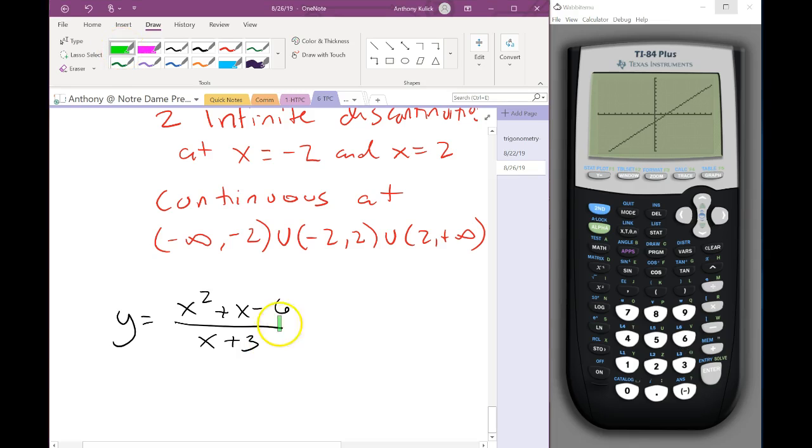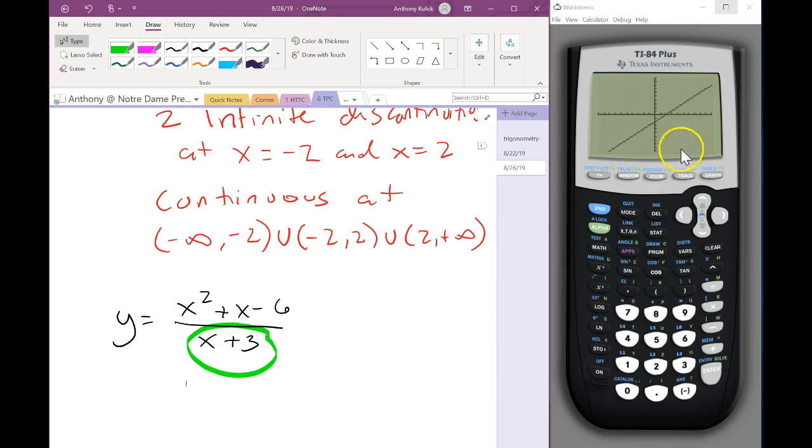Well, are there any values of x that you shouldn't be able to have? Yeah, there should be a problem, right? The domain of this function shouldn't include the value -3. Everybody agree with that?